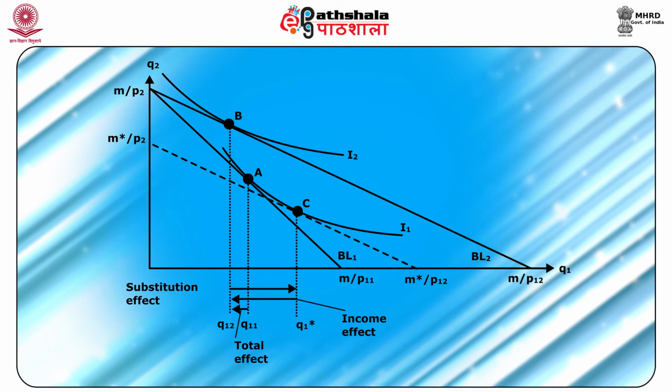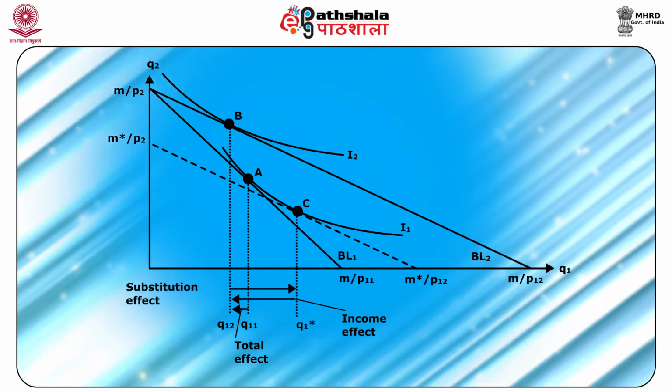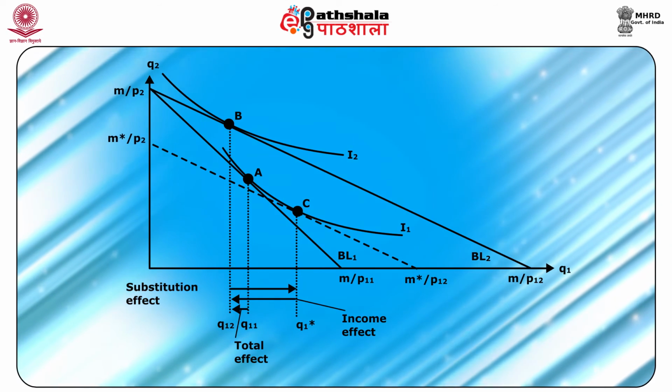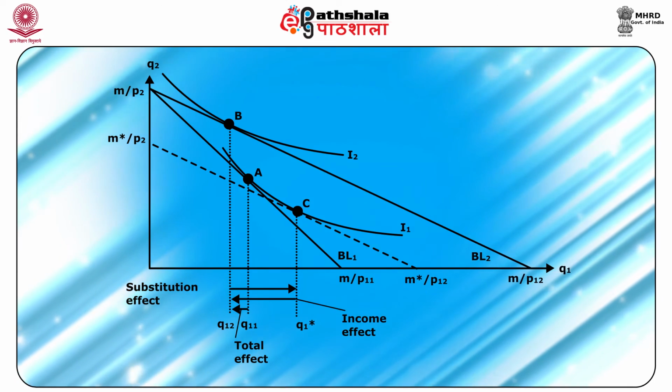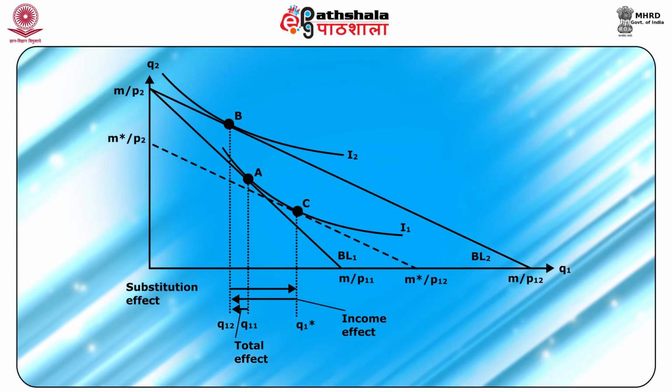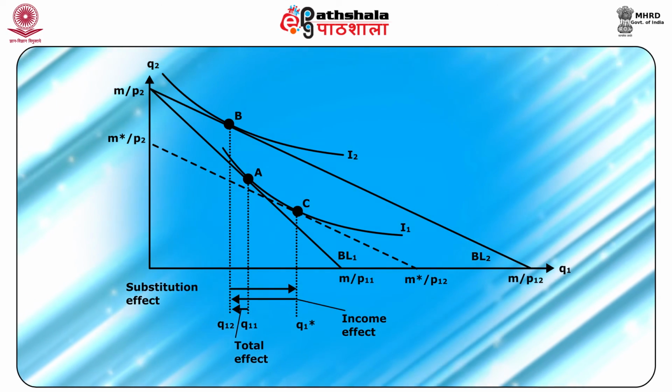Now, if we then allow for the compensating change, then what would happen is that the budget line would shift parallelly and would go to BL2.